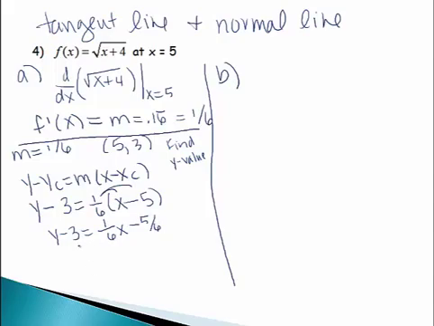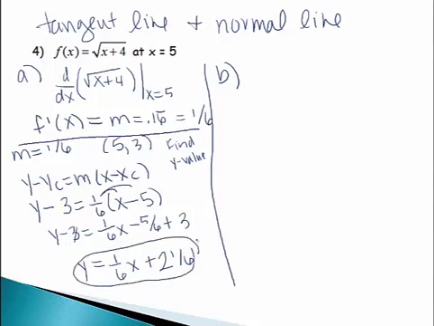And now I have to get rid of this minus 3 by adding 3. Positive 3. Take away 5/6. There you go. Again, if you did y equals mx plus b, you should get the same answer.